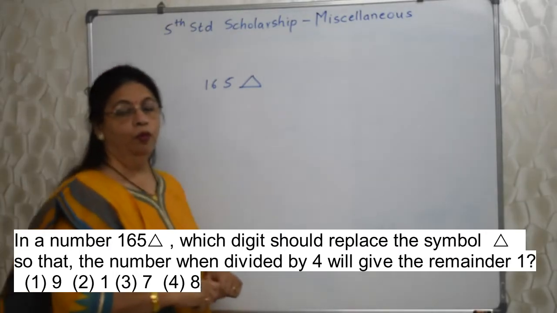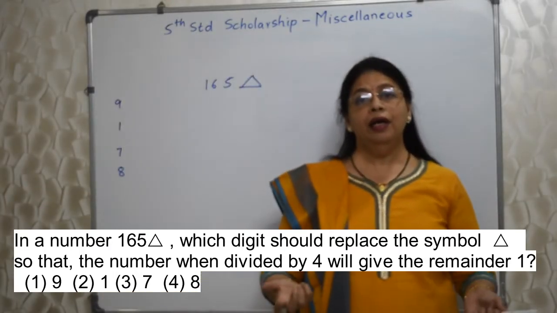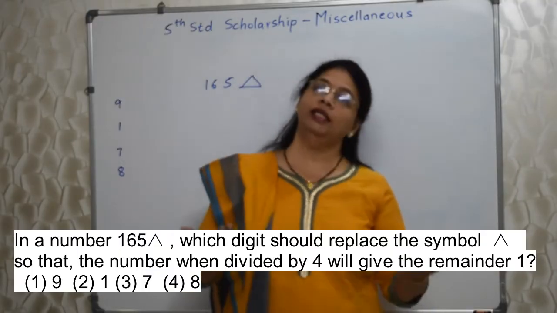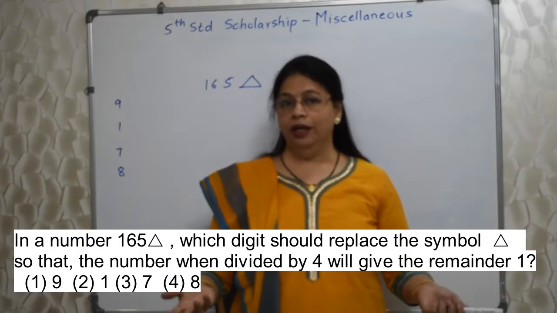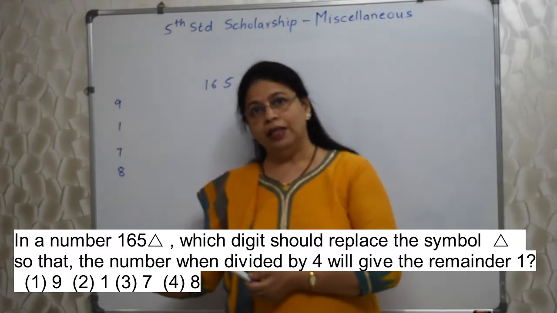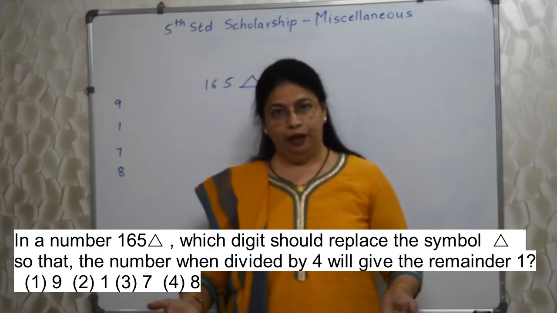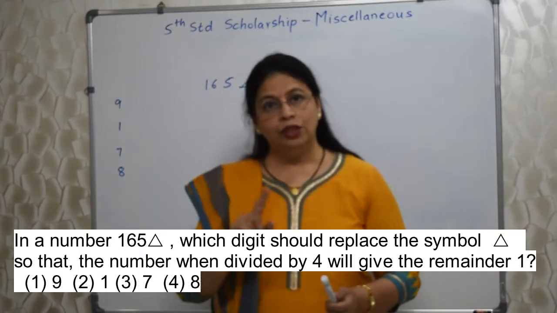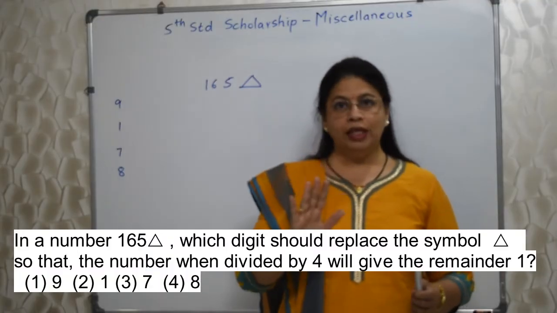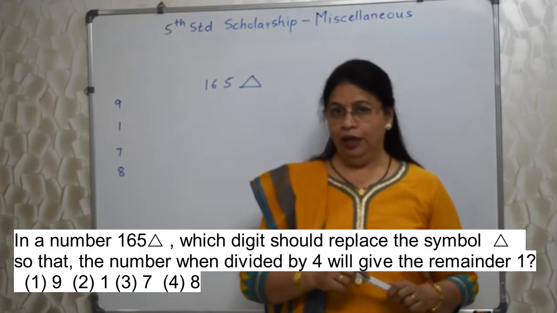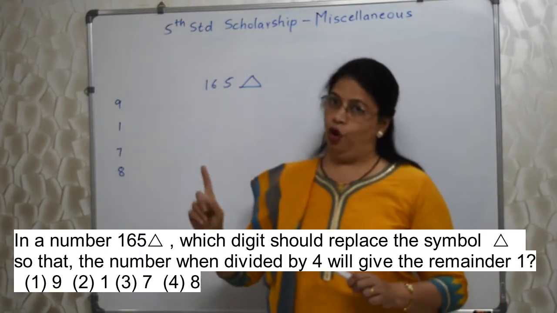Students, remember, what do you mean by remainder? Remainder means something which remains. Why does it remain? Because it is extra. It is not required in that division or in that calculation. That remains extra, right? That is the remainder. So first we need to remove that remainder. So here I would suggest, some students can do it straight away, but in case you have difficulty, then you take help of the options.